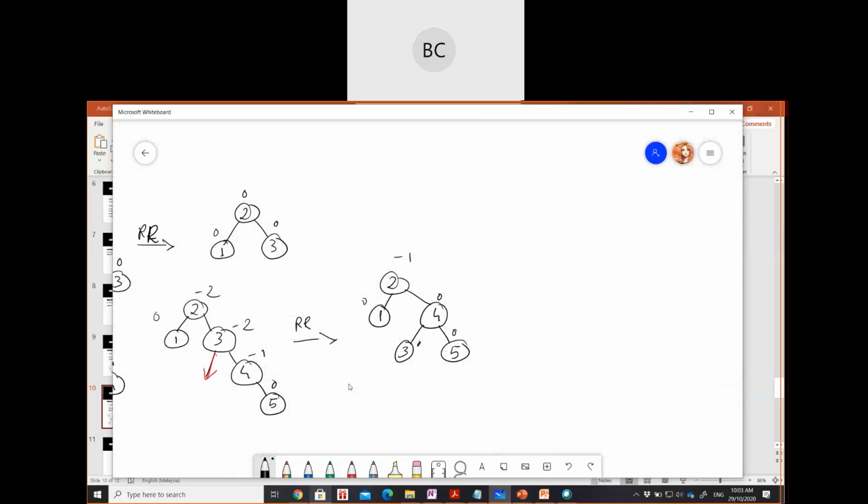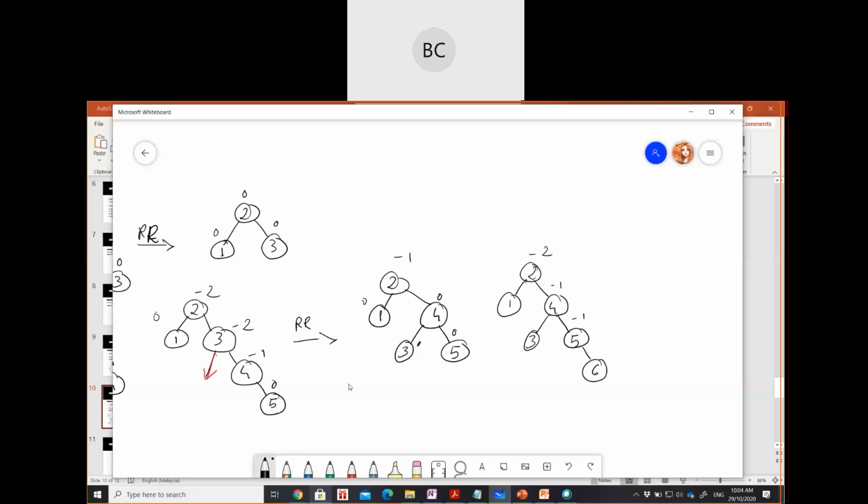Next I want to add 6. I'll put it here. Again see the balance factor, it will be minus 1, minus 1. Okay, so you can see there is a mismatch.